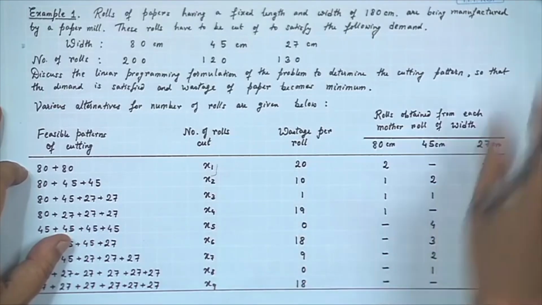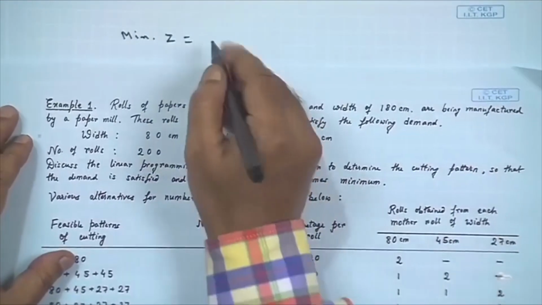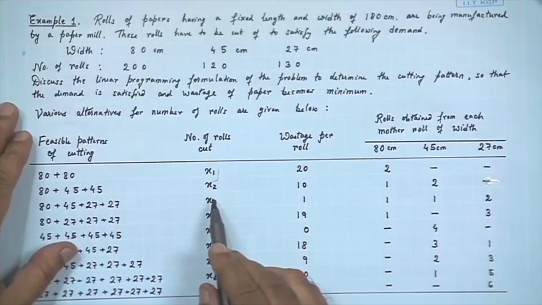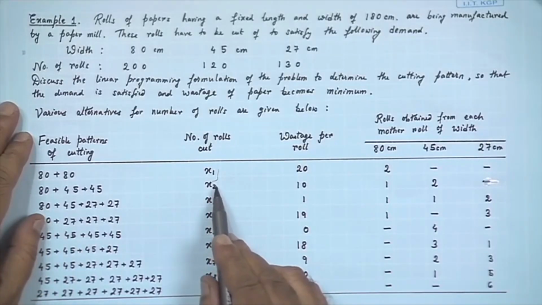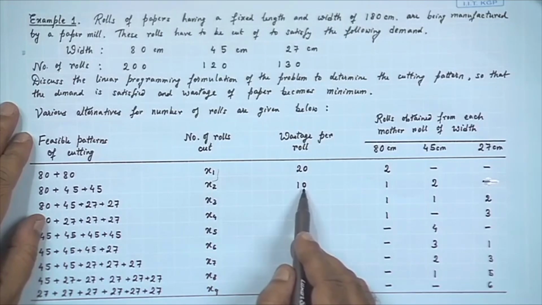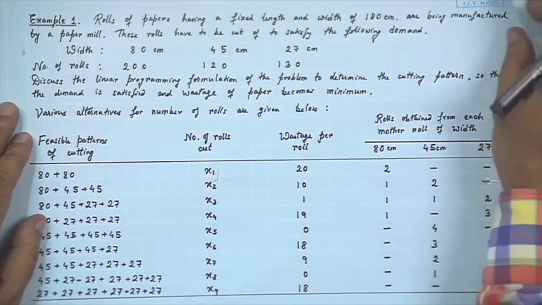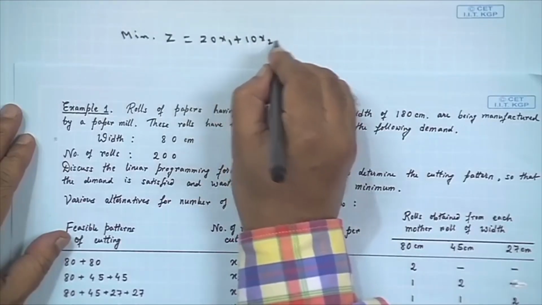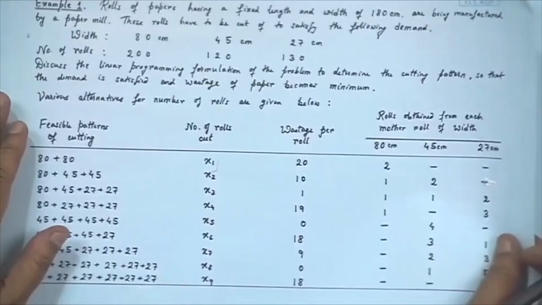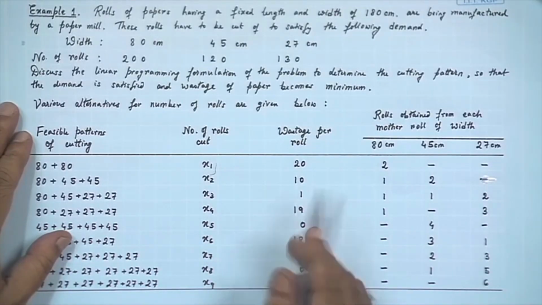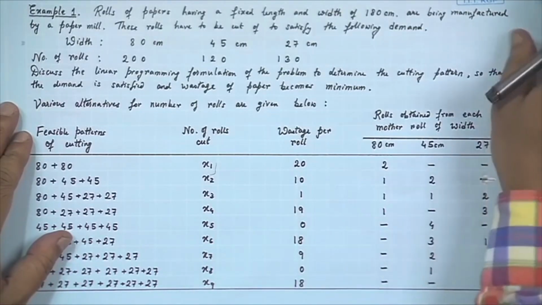So, in your formulation it will come as 20 x1 plus, in a similar way in the next row, number of rolls cut was x2 and the wastage per roll is 10. So, total wastage for this will be plus 10 x2, and like this way for each roll I have to find out the total wastage and make the sum.